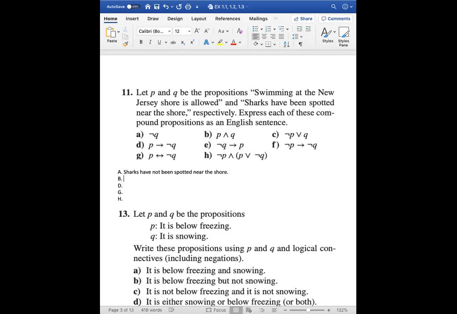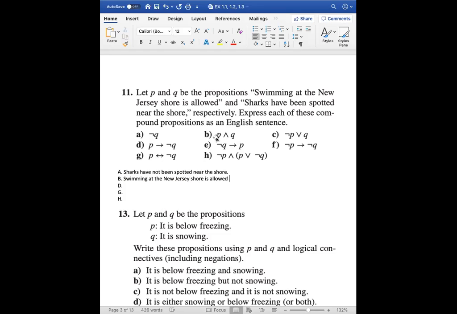The next one is part B. We have P, and then this symbol here represents and in the English language. So we take the statement represented by the variable P, which is swimming at the New Jersey shore is allowed.